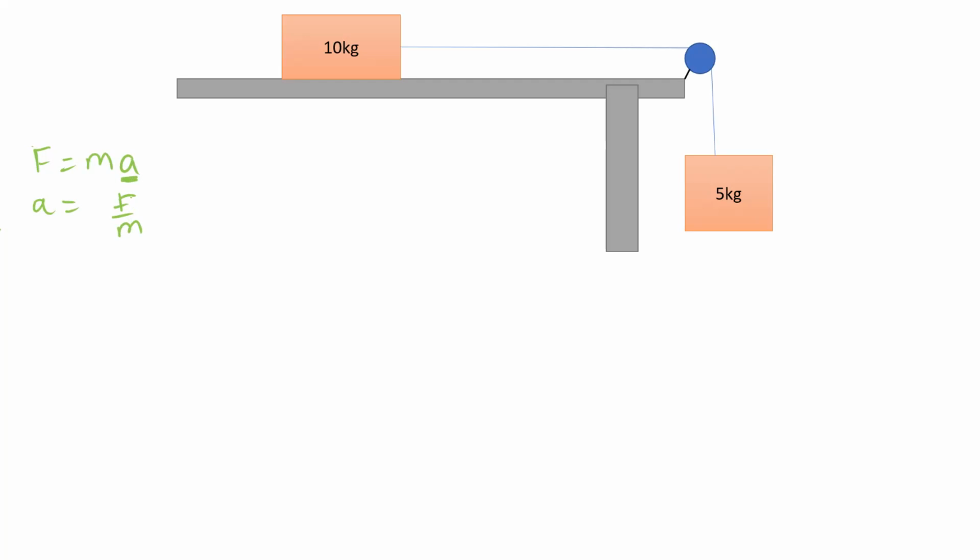Now, if we treat the two blocks as one system, the resultant downward force is provided by the weight of the 5 kilogram block. Hope you guys understand that. So if you treat this as one system, the acceleration caused will be due to the weight of the 5 kilogram block that's acting downwards.